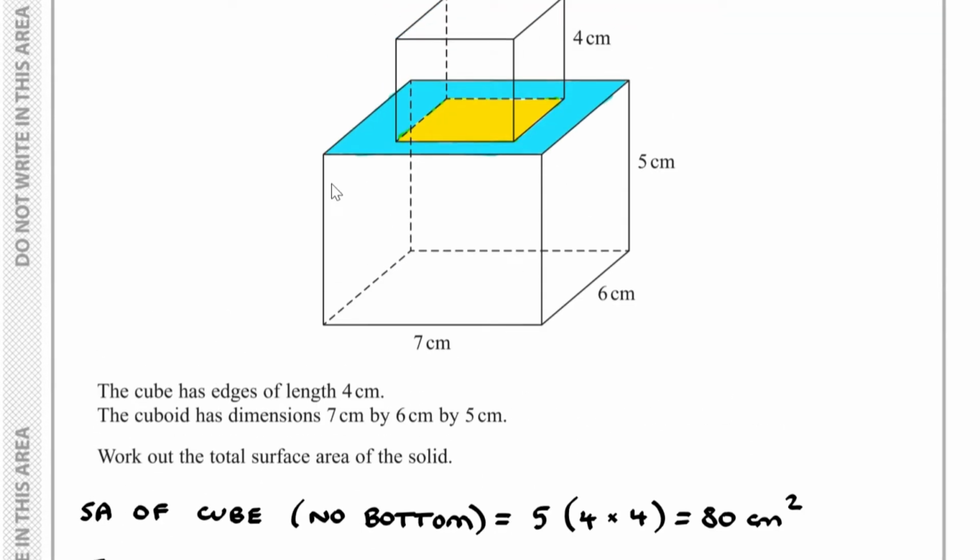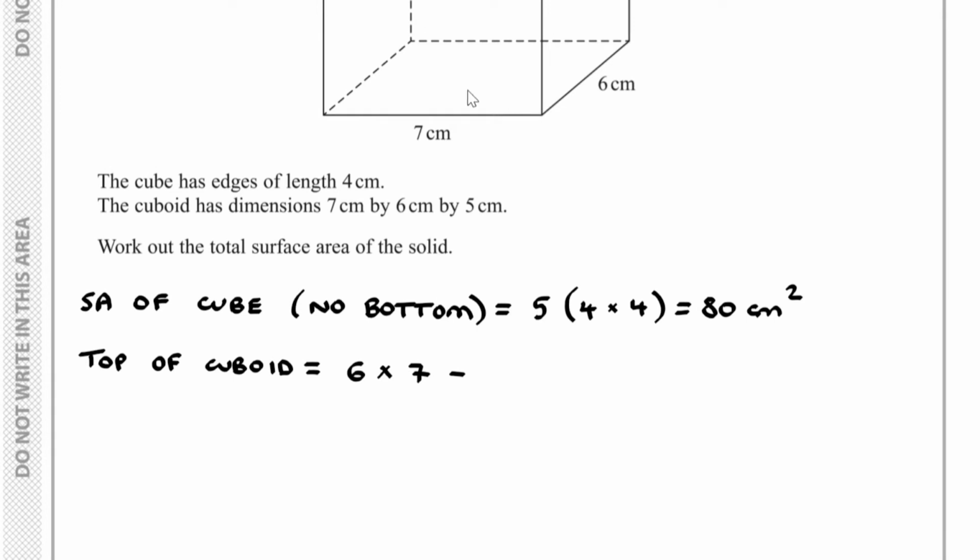So we need to take away that face, which is 4 times by 4. So here is the top of the cuboid. And if we work out what this is, we have 42 subtract 16, which is 26 centimeters squared.